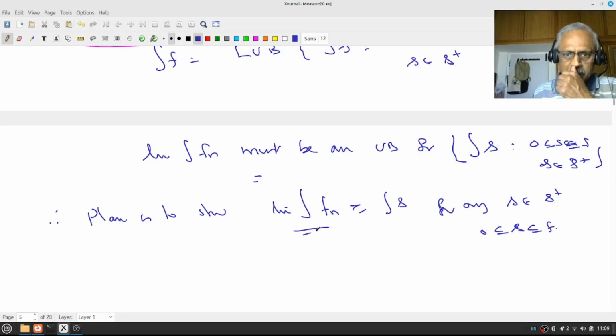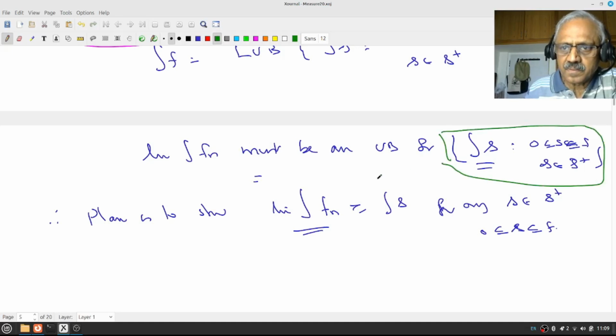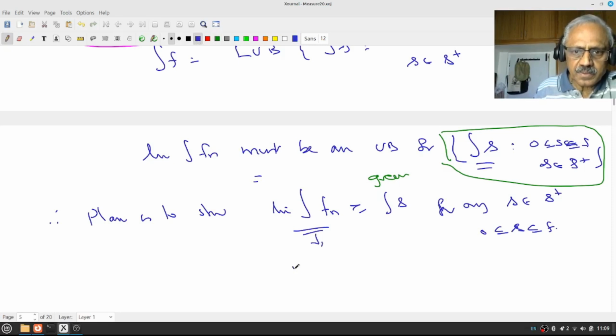That means this is an upper bound for each of the elements in this set, the green set. So this limit is an upper bound for the green set.